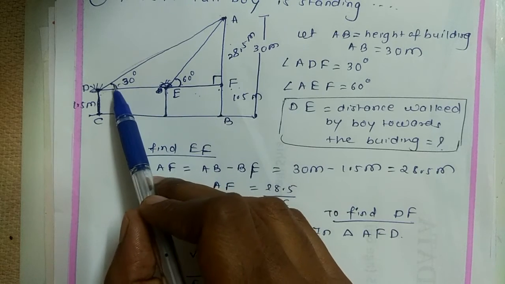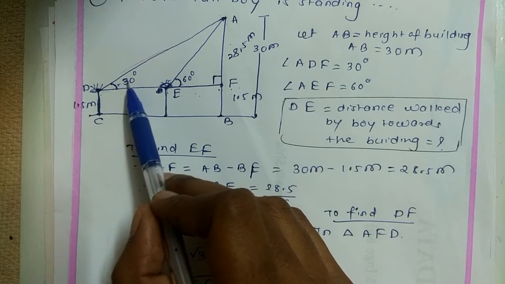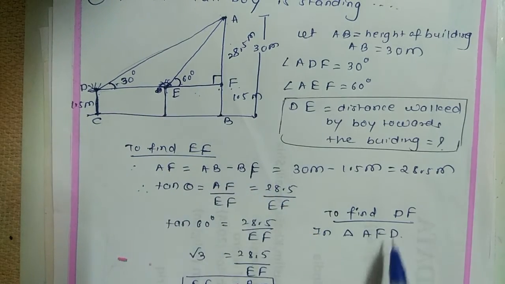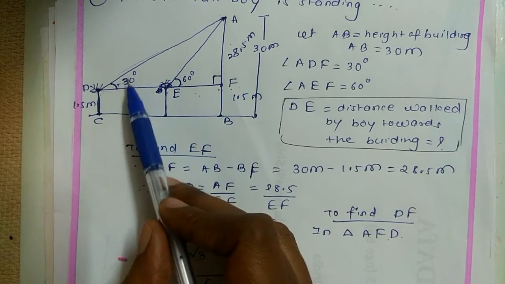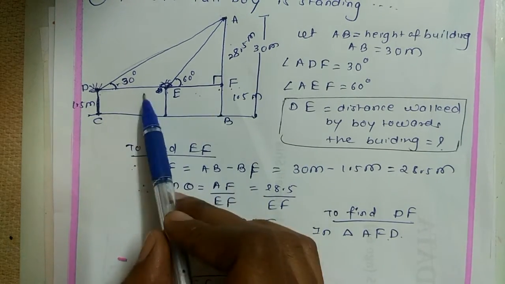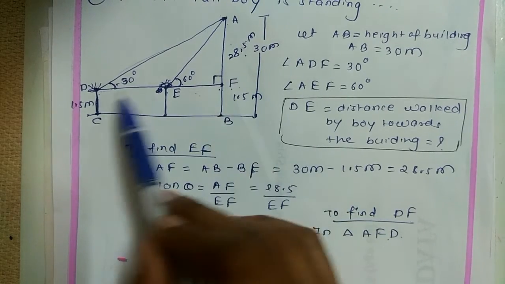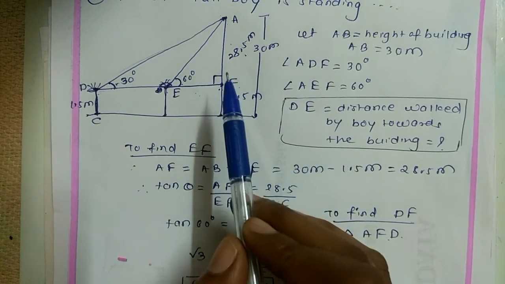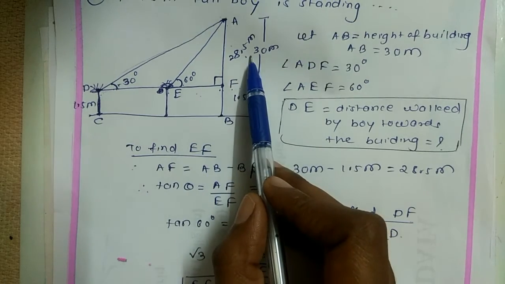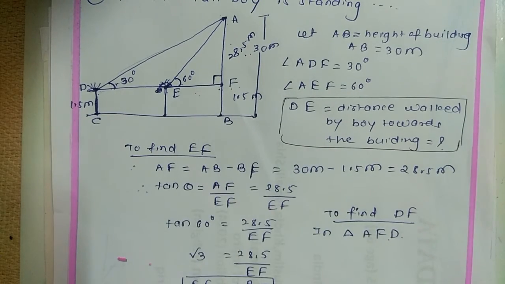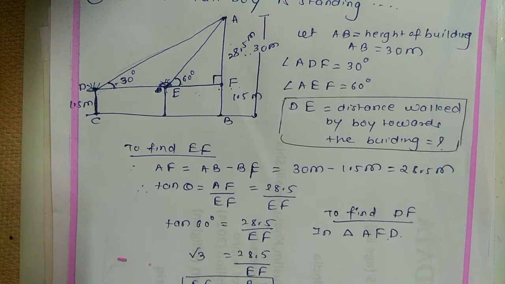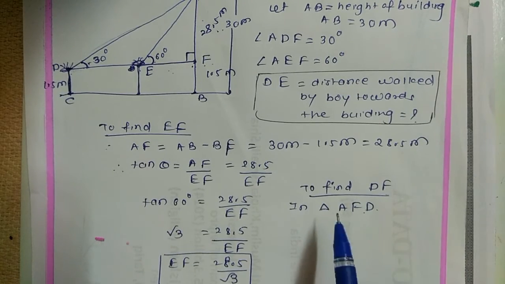According to this 30 degree angle of triangle AFD, this is adjacent and this is opposite, or you can take this as base and this as perpendicular. So we need to find out DF. You should choose a trigonometric ratio where we have the opposite side and the adjacent side. So we have tan, where we have the opposite and adjacent.